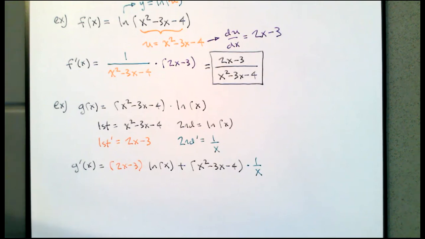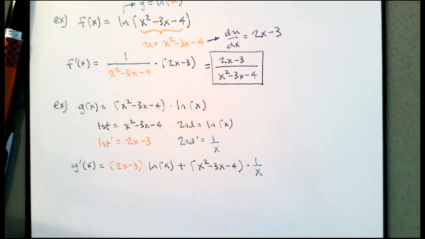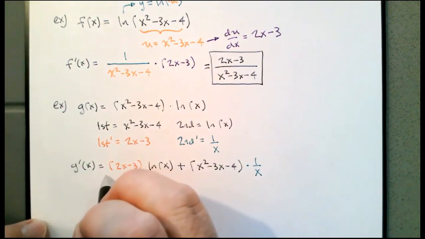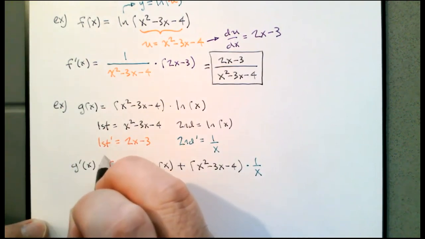This would be perfectly acceptable. If you wrote this down as your answer and just left it at this and moved on, that would be perfectly acceptable because I can clearly see the derivative of the first times the second plus the first times the derivative of the second. I would be totally happy with this answer. Computer might disagree with me, but you know, computers are dumb.